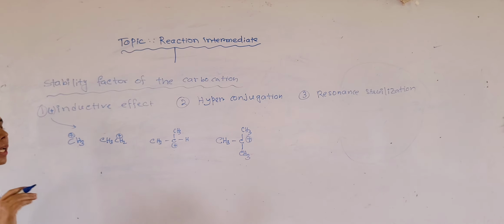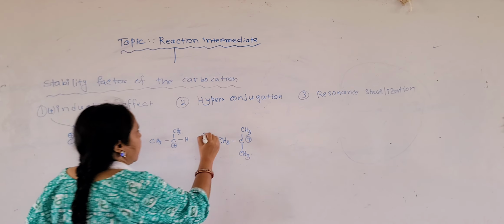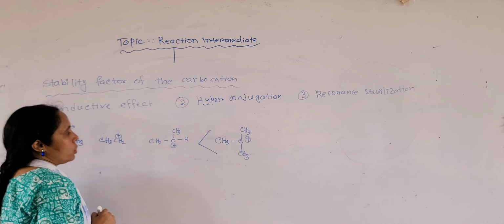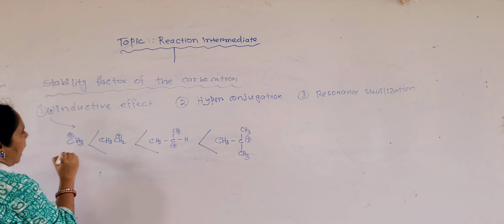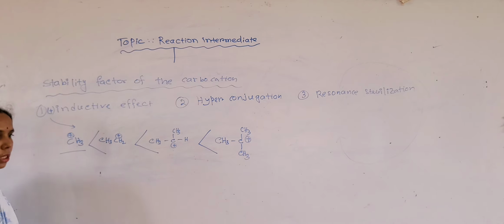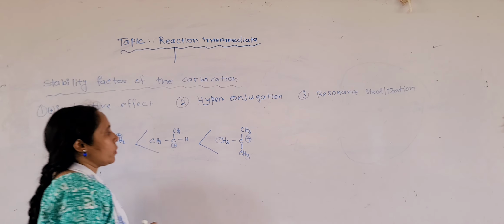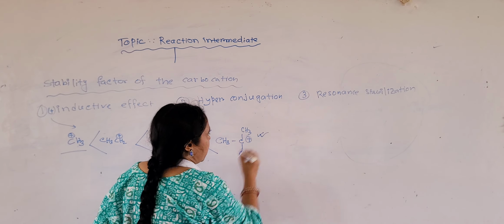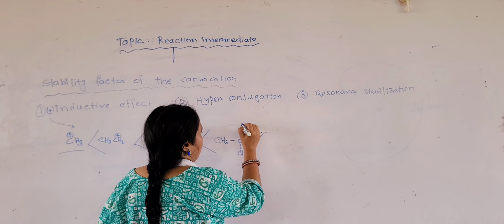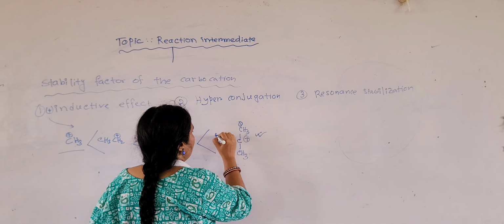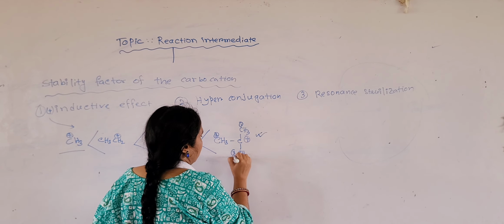If you think only of the inductive effect, then the tertiary carbocation will be the most stable, then the 2 degree carbocation, then 1 degree, and the least stable is the methyl carbocation. Why? Let's see. In this tertiary carbocation there are 3 methyl groups: 1, 2, and 3.